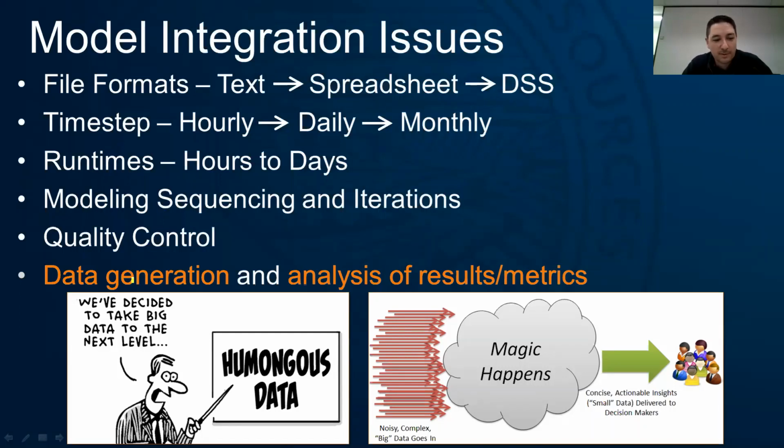And that last part, data generation and then analysis of results and metrics. With 9 different models running 100 years, 30 climate scenarios, we're looking to do up to 9 FloodMAR scenarios. We're going to generate a lot of data out of all of this modeling. That's why I say here, humongous data. We need to make sense of all that and figure out a way to present it so it means something.